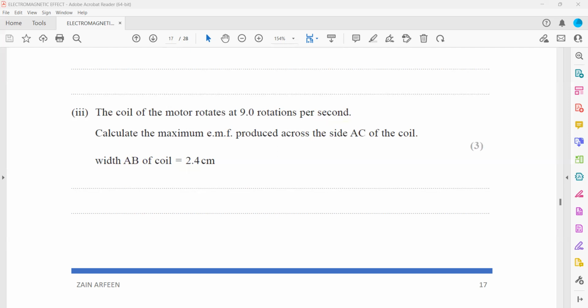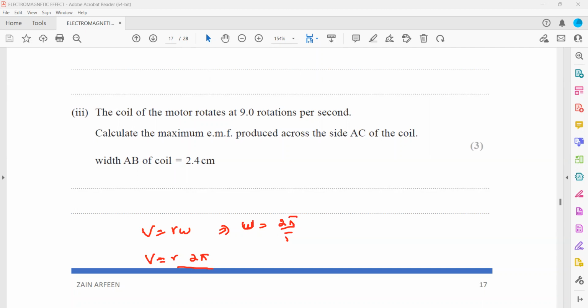For example, if we use V is equal to R omega, and omega is equal to 2 pi divided by t, so we can say V is equal to R, and in place of omega, it will be 2 pi divided by t.